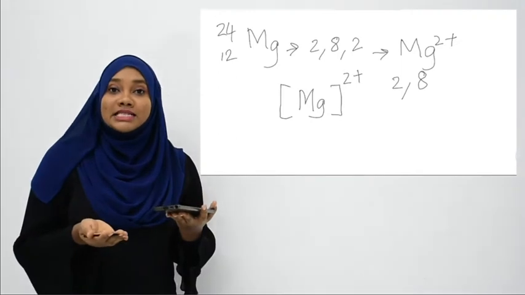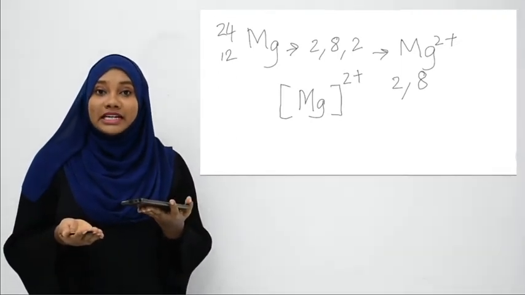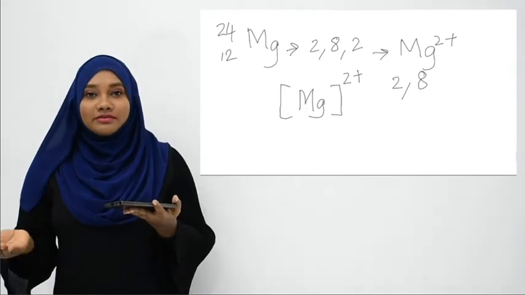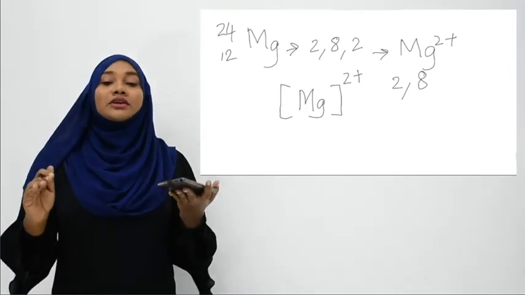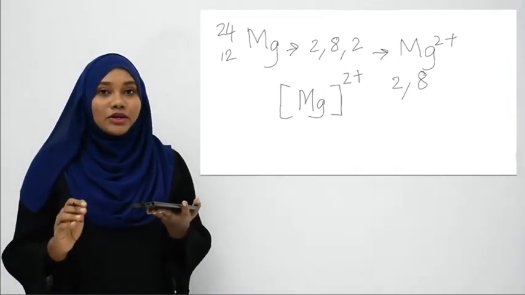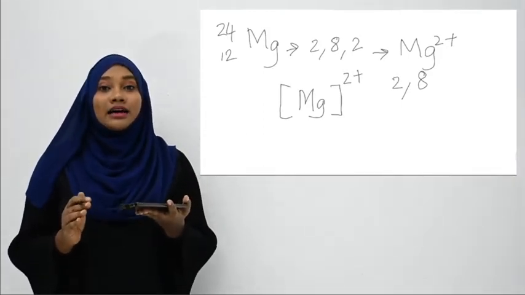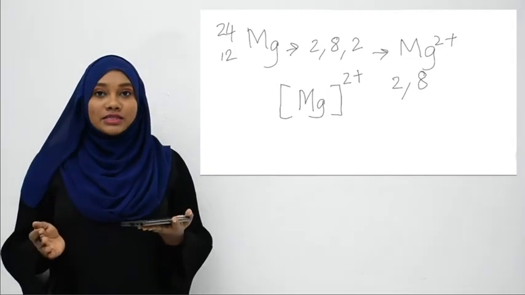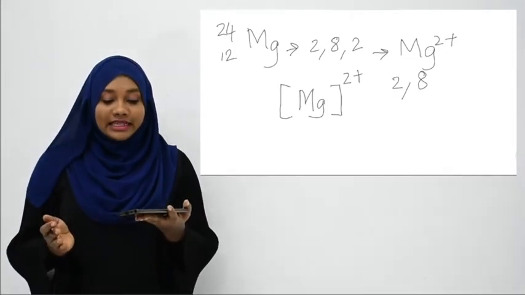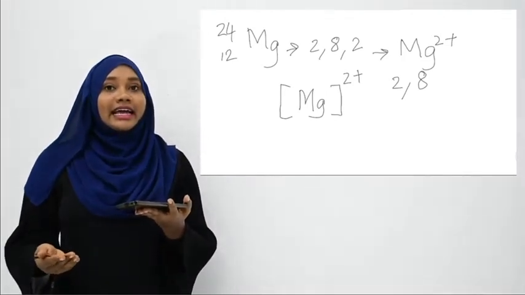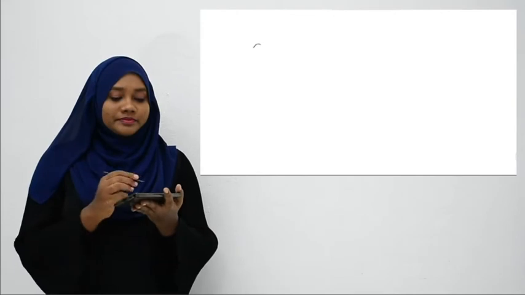What do metals do to obtain a stable electronic configuration? Metals lose electrons to form positive ions, and these positive ions are known as cations. Remember the term, it's cations. Cations are positive ions. So is it clear?